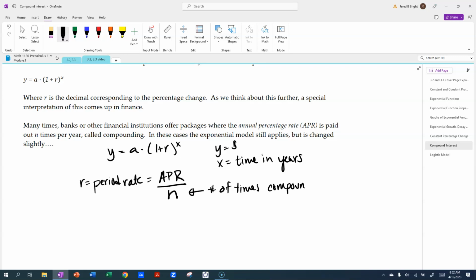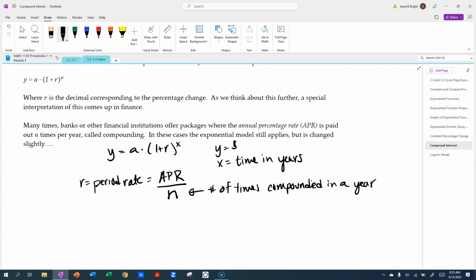The term compounded just means how frequently the interest is assessed. If you're compounding quarterly, that means you're assessed 4 times a year, so every 3 months. Sometimes interest is assessed monthly, so that would be 12 times per year.